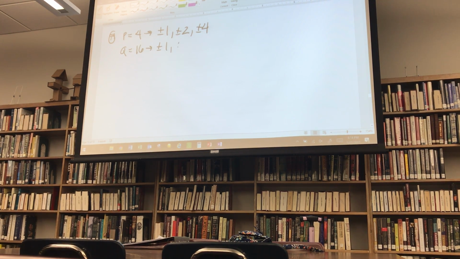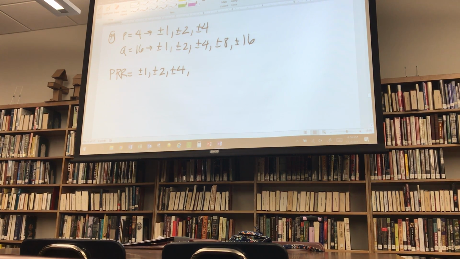And that's 1s, 2s, 4s, 8s, and 16s. Your possible rational roots are any of the P's divided by any of the Q's. What I usually do is I do all of the P's divided by the first Q. So that's plus or minus 1, plus or minus 2, plus or minus 4.